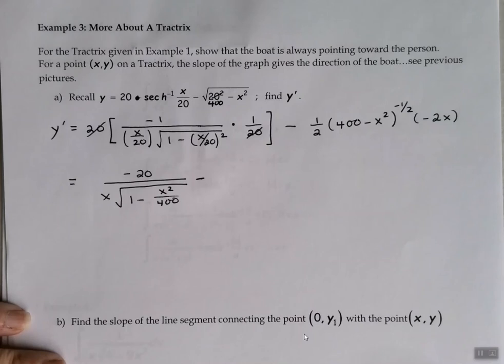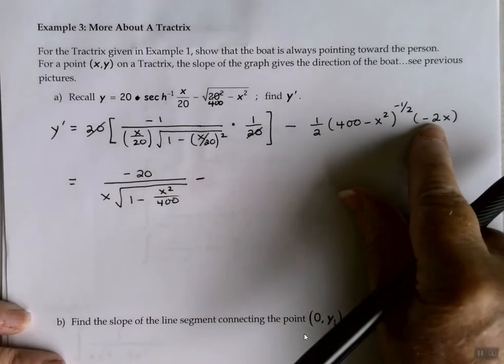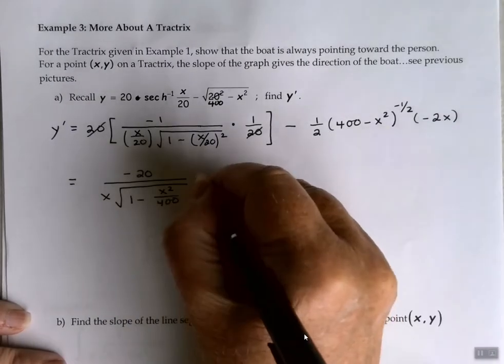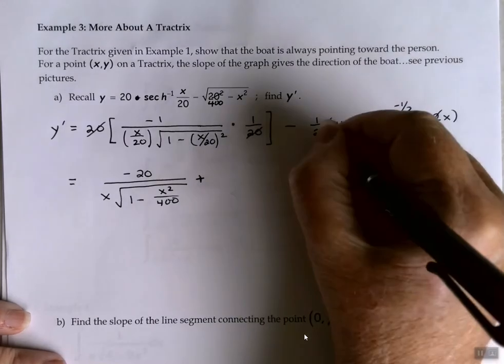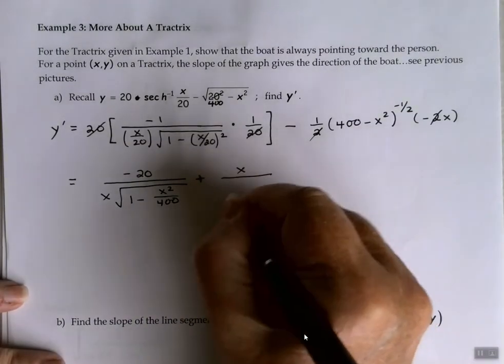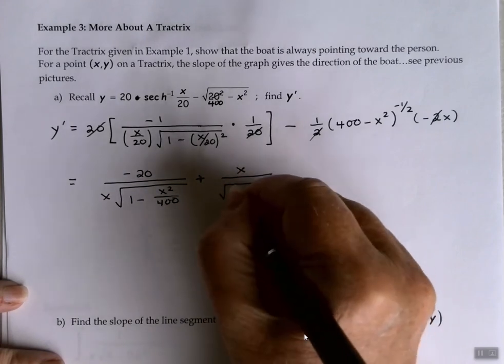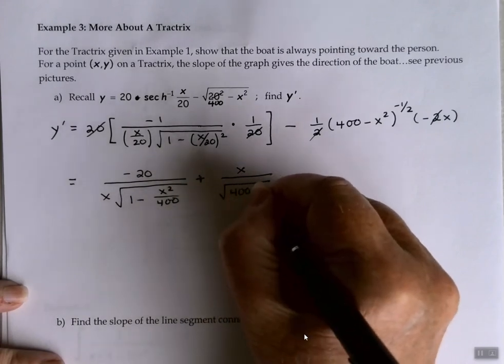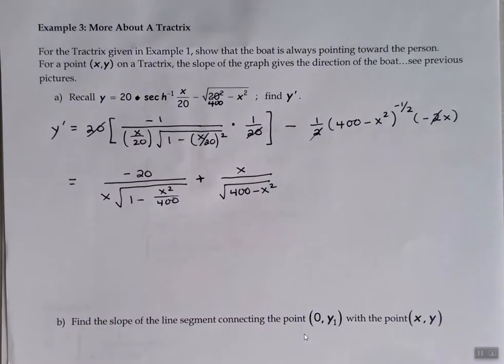Minus, and let's see here. Actually, it's a plus, is it? Negative. Those 2's, I can cancel those out. And I can write that as x over square root 400 minus x squared.